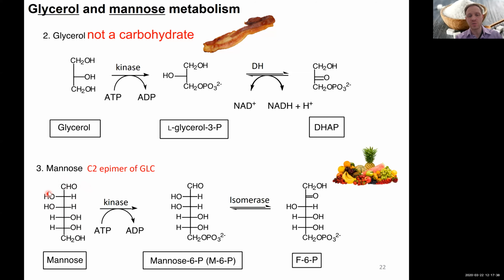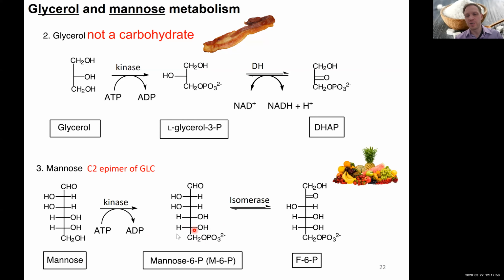What do we do with it? Same procedure here. We are bringing in a kinase, we're phosphorylating at C6, making mannose-6-phosphate, same kind of activation as we have seen for fructose and for glucose.